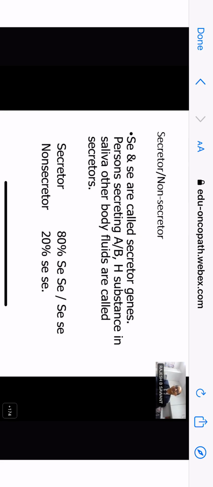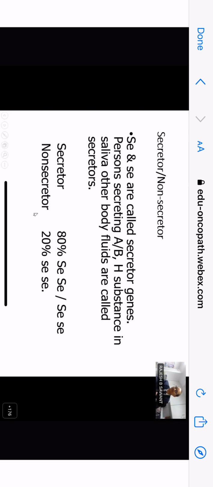Another important thing is that 80% of us are secretors of blood group substance. So we have the A substance or the B substance or the H substance, which is responsible for the formation of the A antigen, B antigen, and the H antigen. These blood group substances are secreted in the saliva as well as other body fluids.